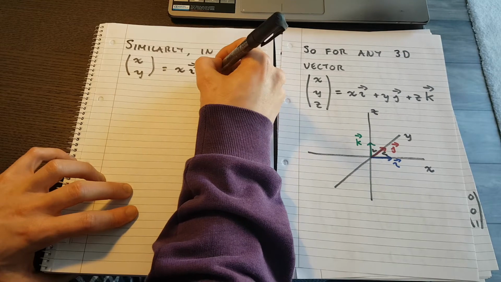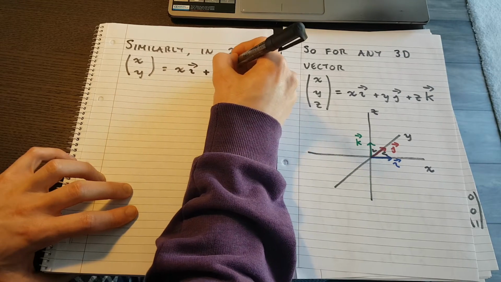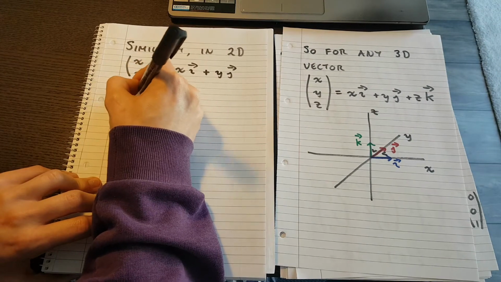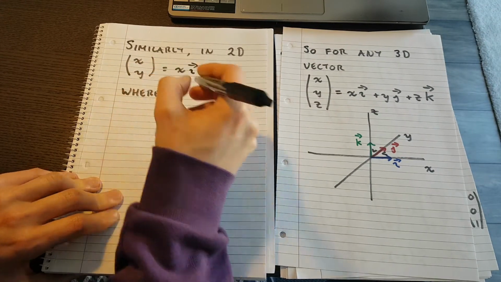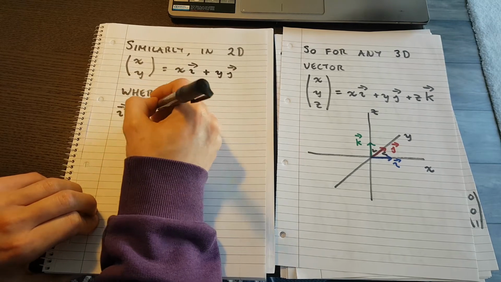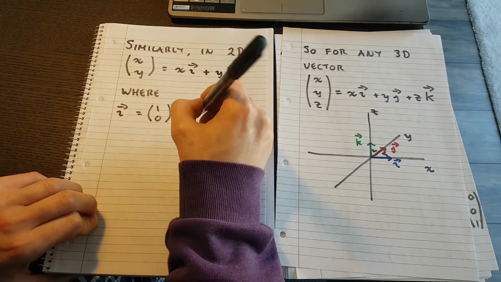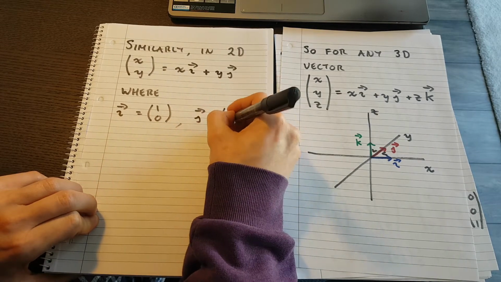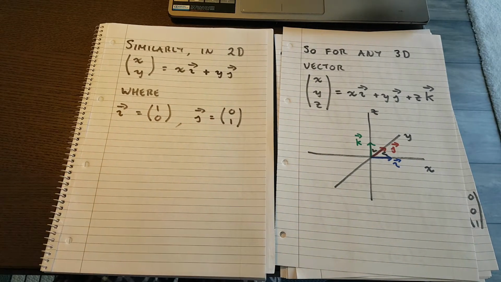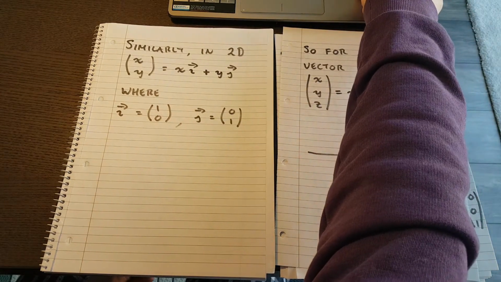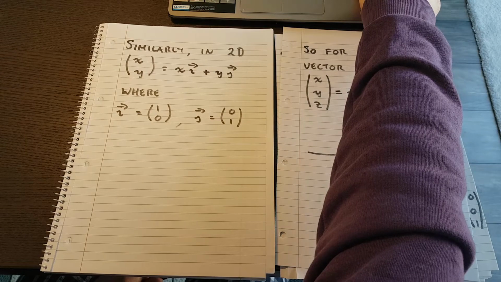And then y times j, like that, where i is (1, 0) and j is (0, 1). Sorry about my j's, by the way. I know they're not very good.